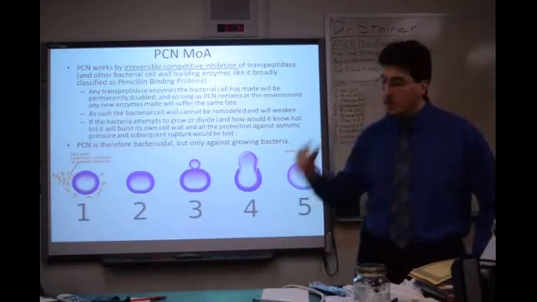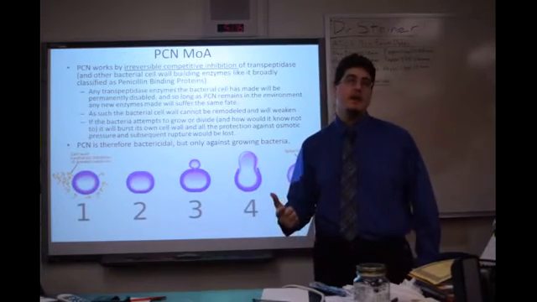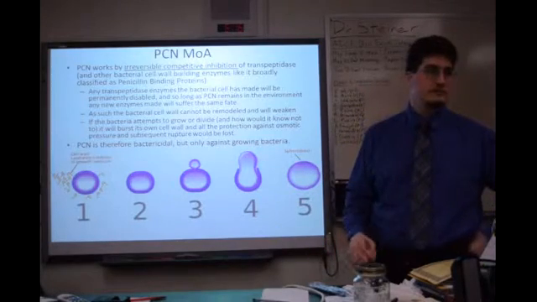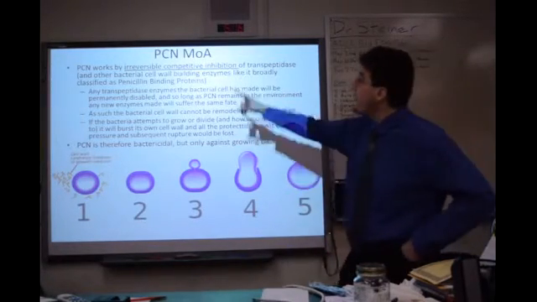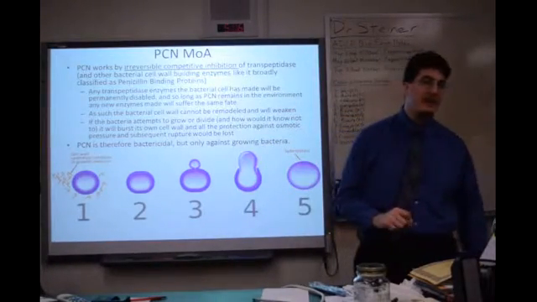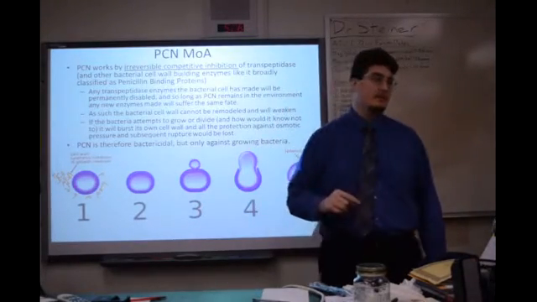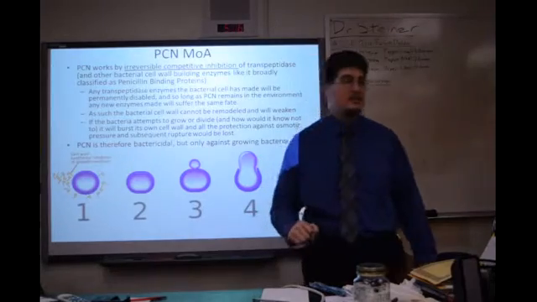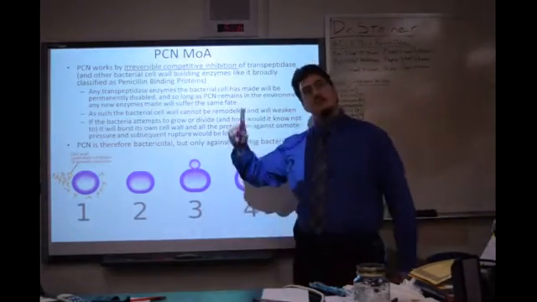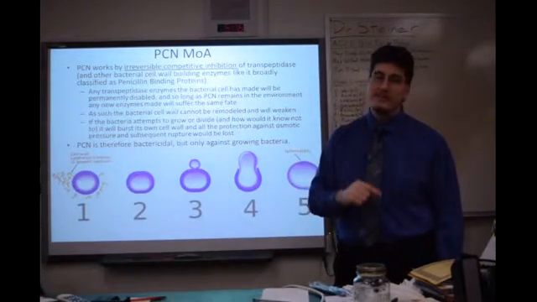They form a permanent covalent bond with whatever it is they are inhibiting, making that enzyme no longer functional. Competitive. They are competing with the substrate of the enzyme they are inhibiting. They are competing with the substrate for the active site. And the only way penicillin can compete for the active site is if it is shaped similarly to the substrate of transpeptidase.